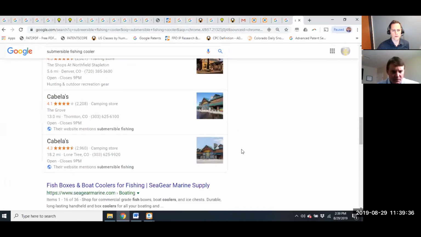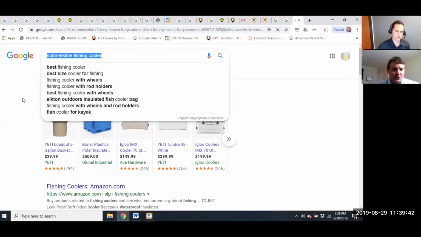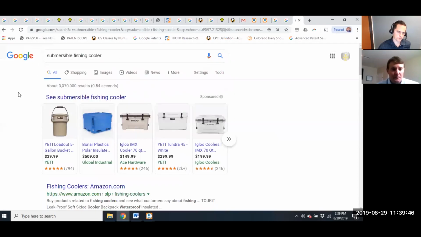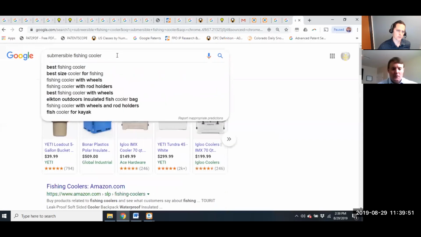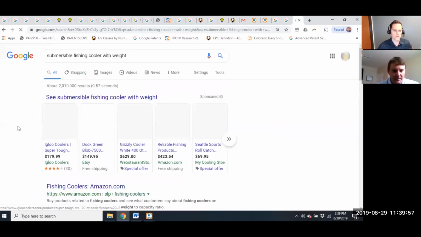Ways I like to do this, this is a tough one because there's not a real clear term. I would call this a submersible fishing cooler, but I'm pretty sure that anyone else looking at this is going to call it something different. So you're going to have to try a few different terms, with weight, so maybe something that'll sink it.